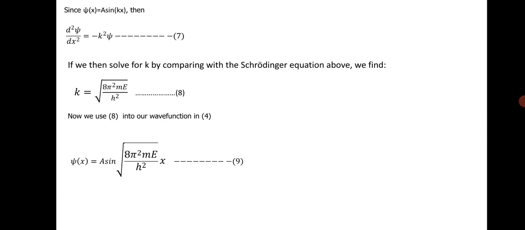Now what did you obtain here from equation 9? Equation 9 gives the expression for the wave function. So now we have achieved the eigenfunction for the particle in a one-dimensional box, that is equation 9.